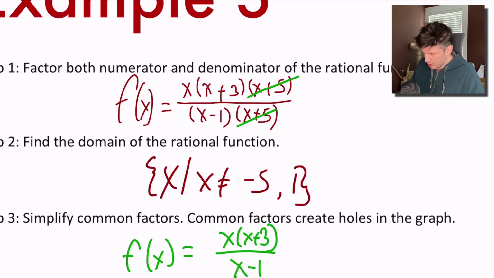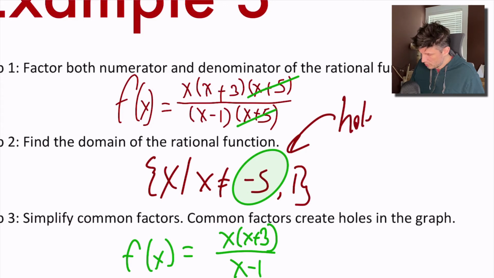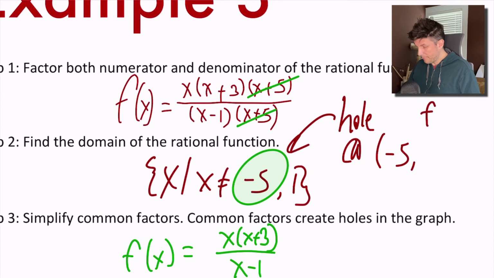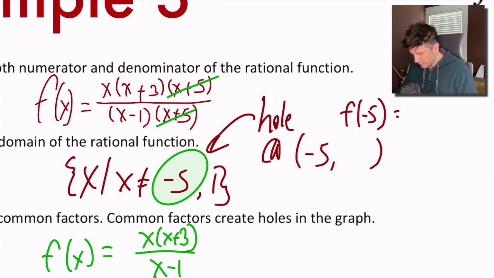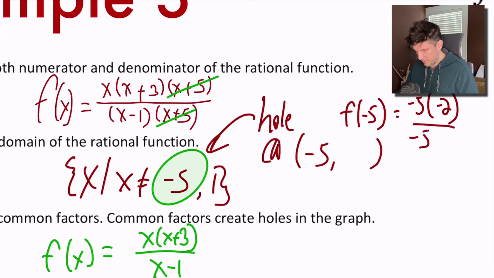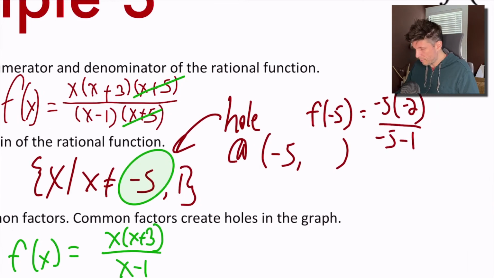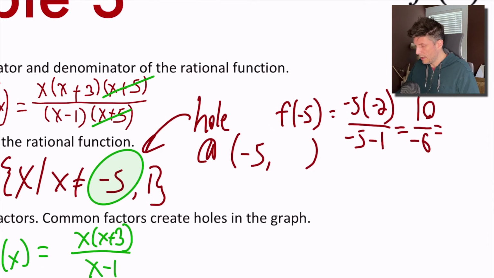As I mentioned earlier, immediately we need to go over that negative 5 and acknowledge that we have a hole at negative 5, comma, and then we have to do f of negative 5 right above there. f of negative 5 is going to be negative 5 times (negative 5 plus 3), which is negative 2, over negative 5 minus 1. So we have positive 10 over negative 6, which works out to be negative 5 thirds.